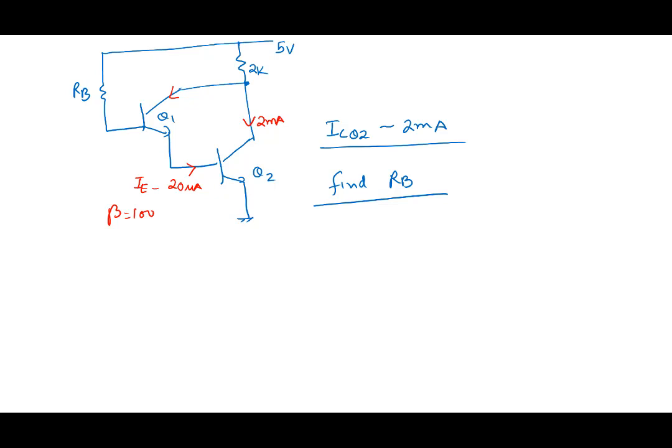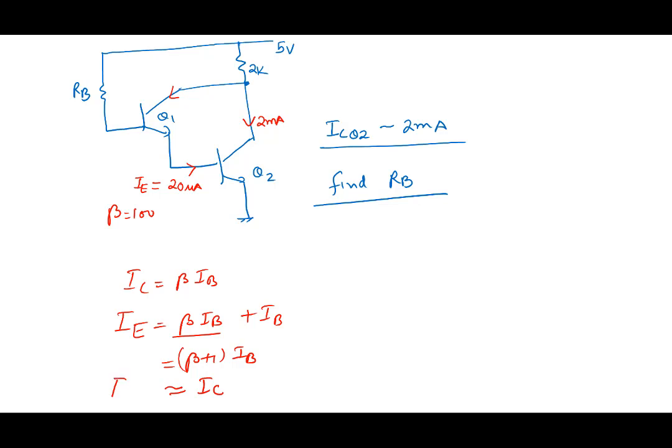Now note, all of you know that IC is beta IB, IE is beta IB, which is IC plus IB, so it's equal to beta plus 1 IB. And first order approximation, that is nothing but equal to IC.